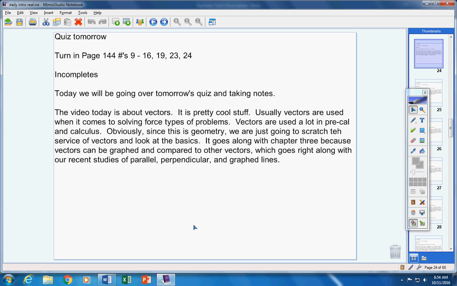Obviously, since this is geometry, we are just going to scratch the surface of vectors and look at the basics. It goes along with chapter 3 because vectors can be graphed and compared to other vectors, which goes right along with our recent studies of parallel lines, perpendicular lines, and graphed lines.